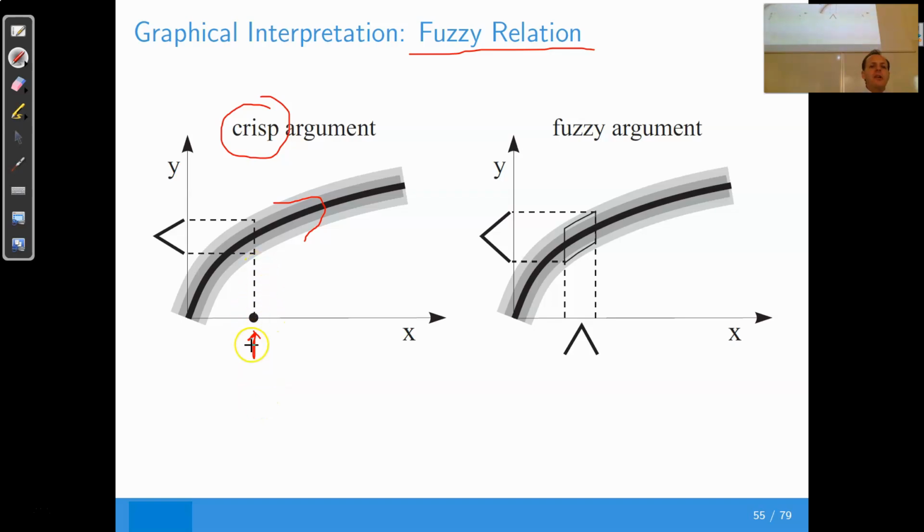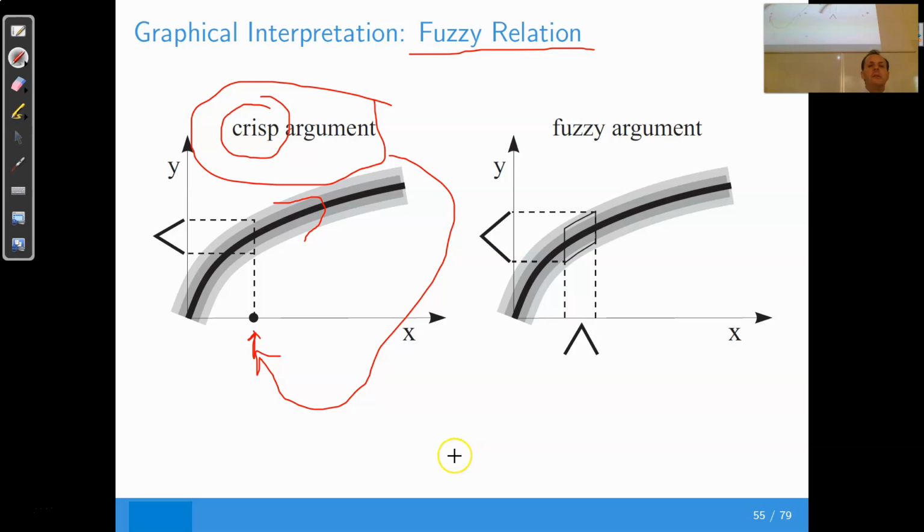The single value, called here crisp argument, is applied to the fuzzy relation. You see here that the output of this fuzzy relation is a fuzzy set, determined by its membership function.